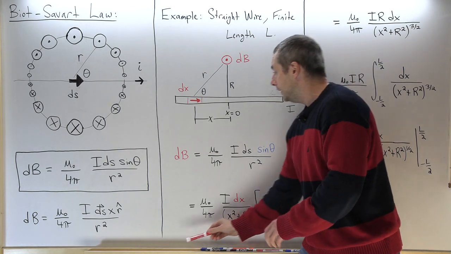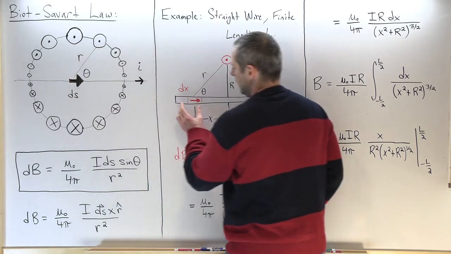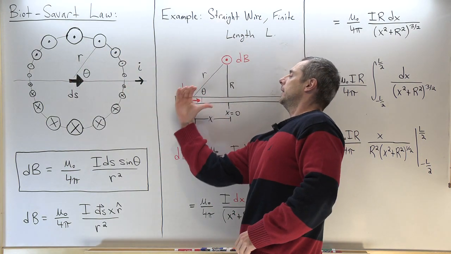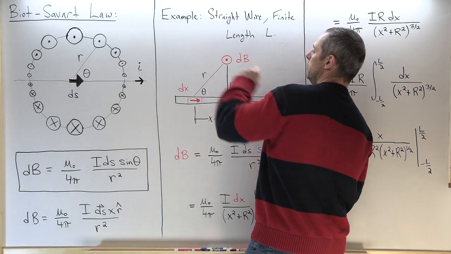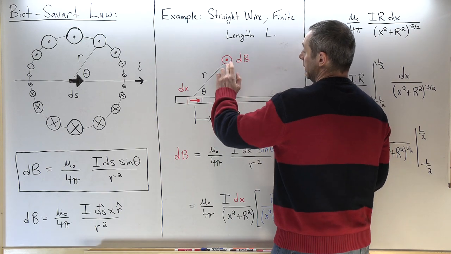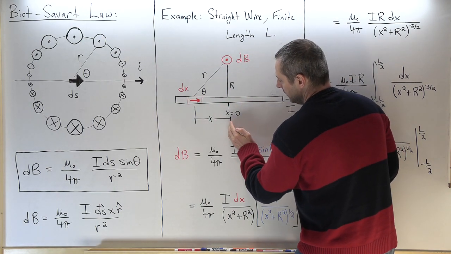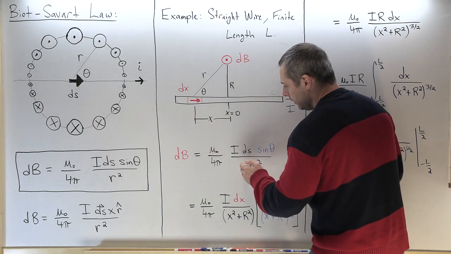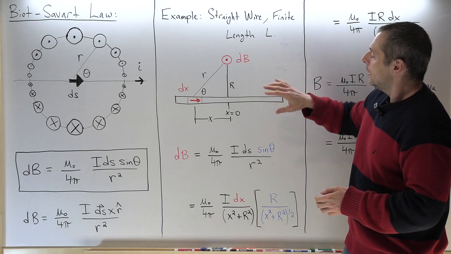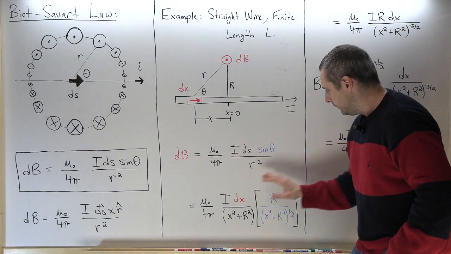Now, because of this, as we see over here, here's our ds, and we're somewhere over here. So there's magnetic field that comes out of the board at this point, and the dimensions were a capital R away from the wire, and we're some distance x from the center of the wire. Then the magnetic field, dB, caused by that little dx with the current, is given by this expression.